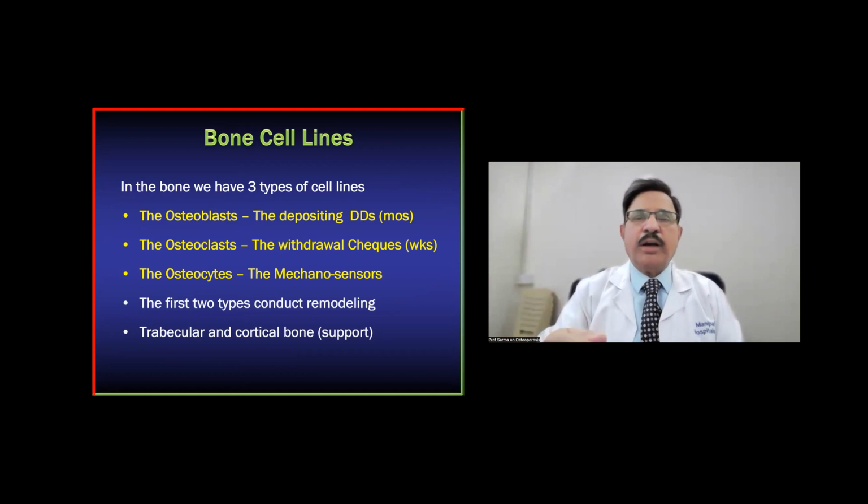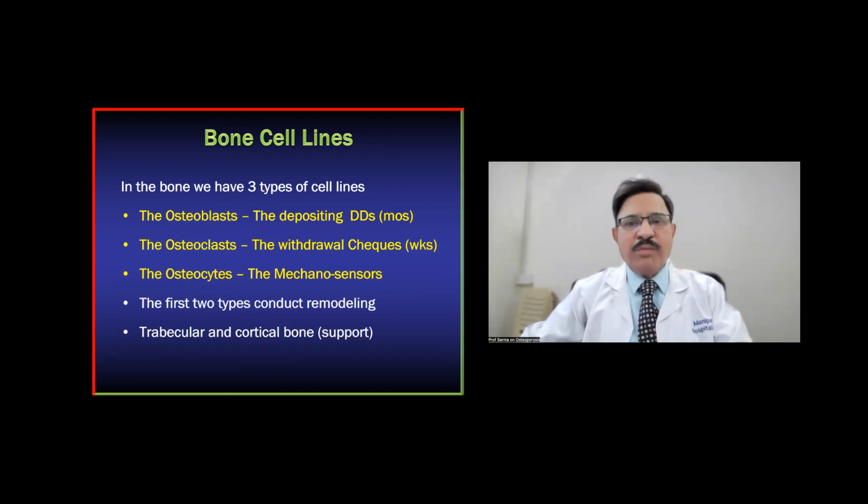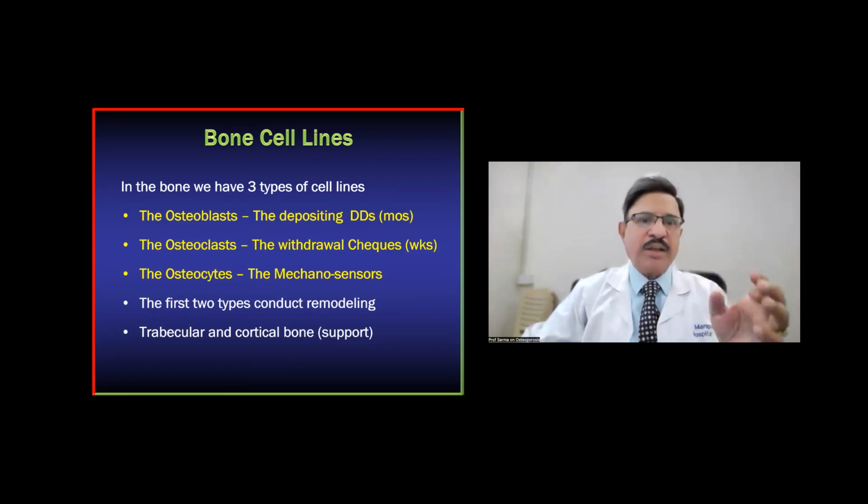So you take a demand draft and make a bank deposit. That is the deposit. Okay. Withdrawal checks are the osteoclasts. Osteocytes are mechanosensors. Wherever there is stress and repair required, they sense it and send the osteoblasts there to deposit.